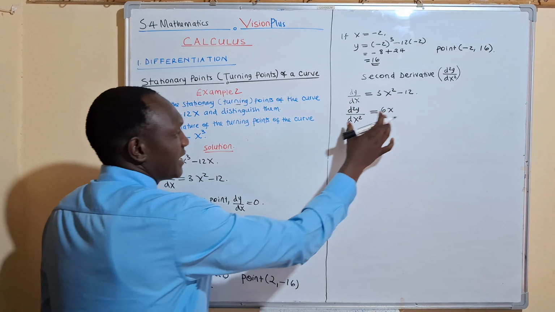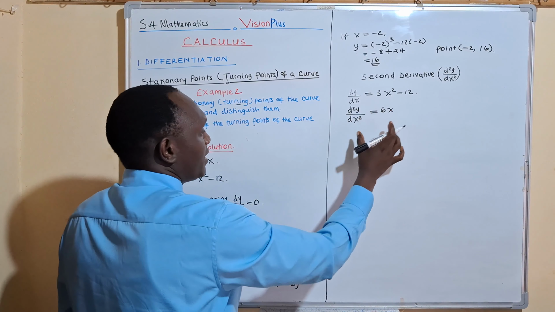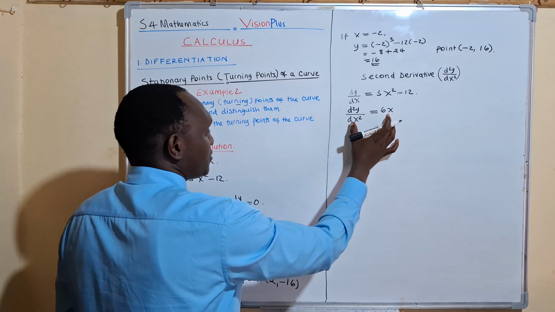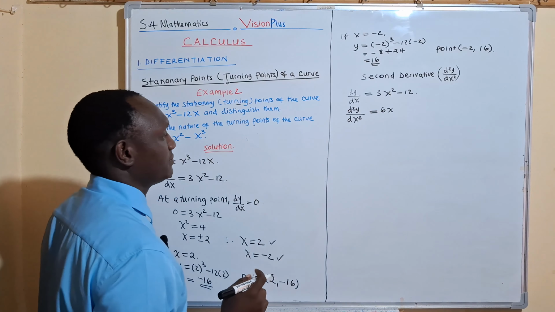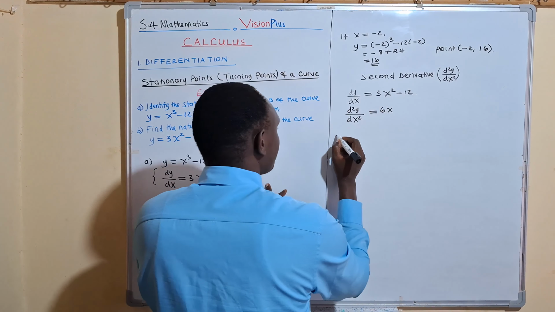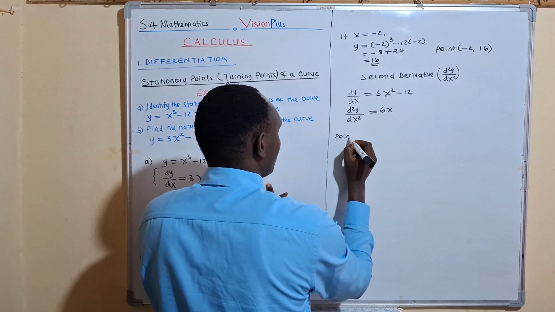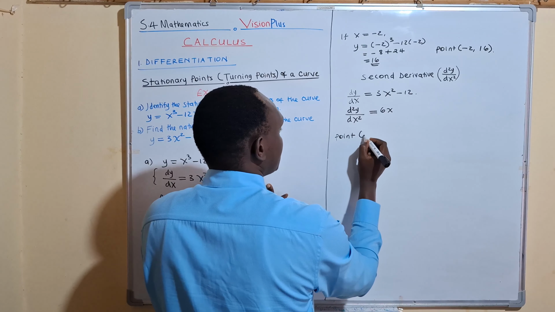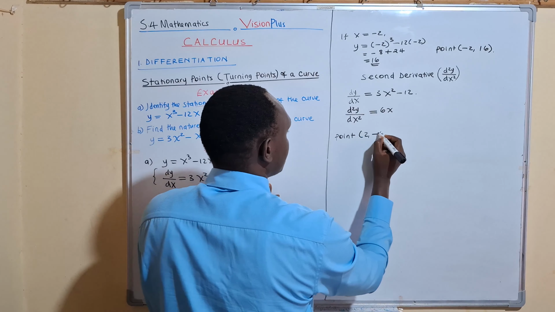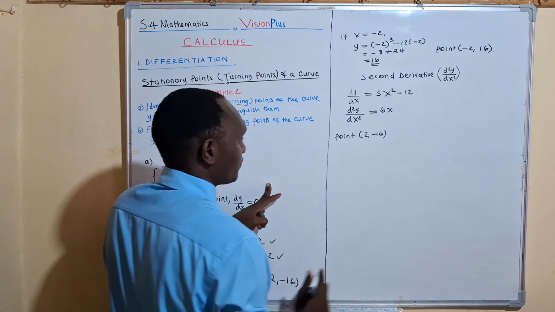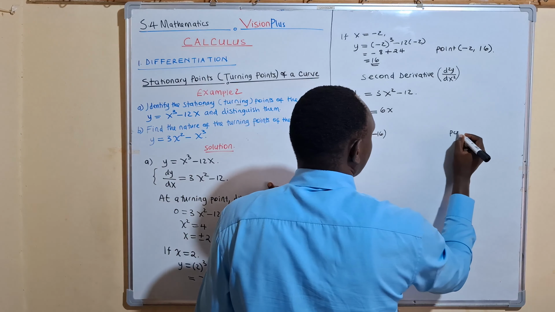Now, after getting the second derivative, we use it to test for the first point and the second point. For the first point, which is 2 and negative 16, I'm going to test the second point on this side.